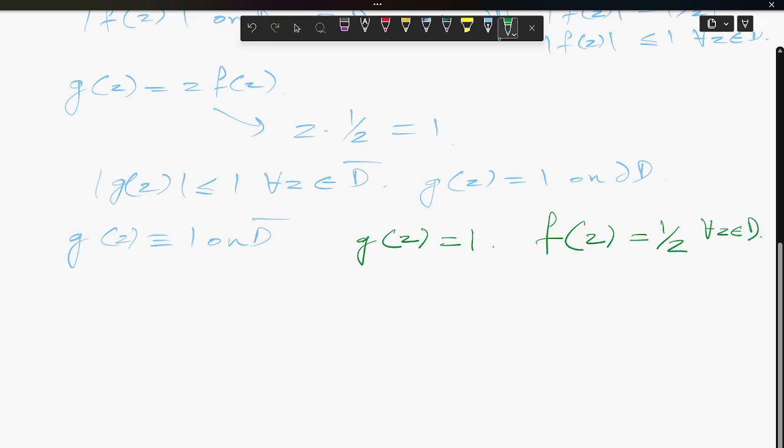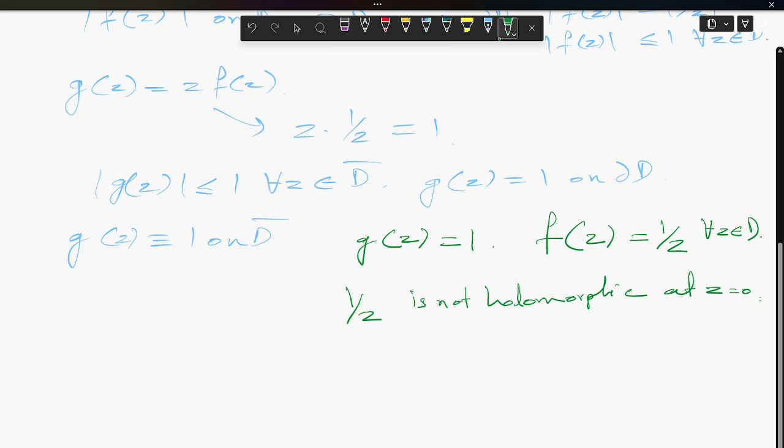But our f is supposed to be holomorphic on D, and we can say that 1 by z is not holomorphic at z equals 0, because it has a pole at that point.